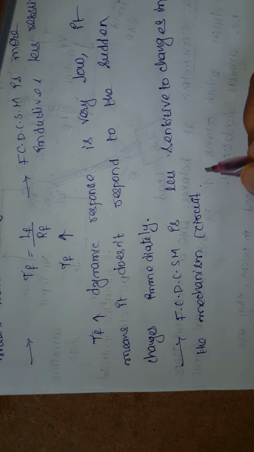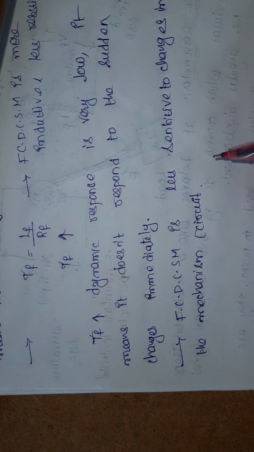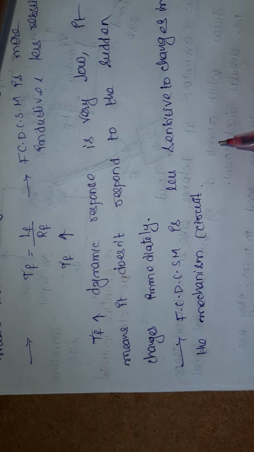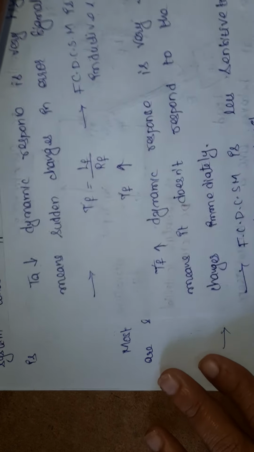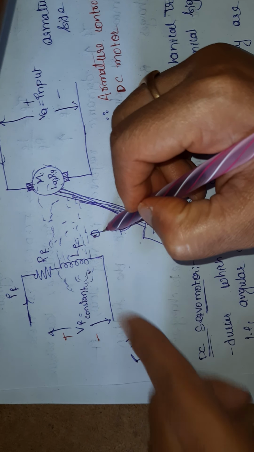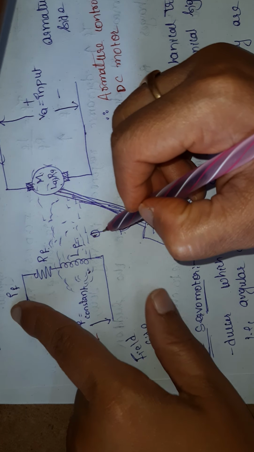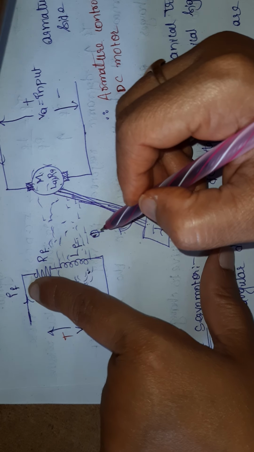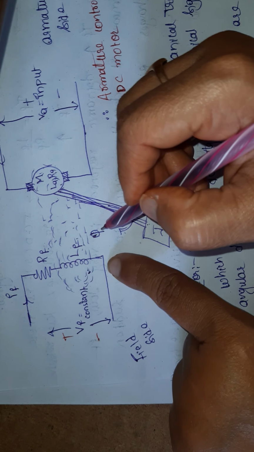Okay, so now actually we are into the topic. So here from the diagram, this is a flux phi. Flux phi is directly proportional to the field current IF. Because of this voltage, IF is flowing in a circuit.